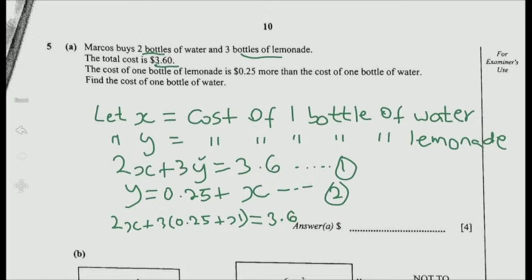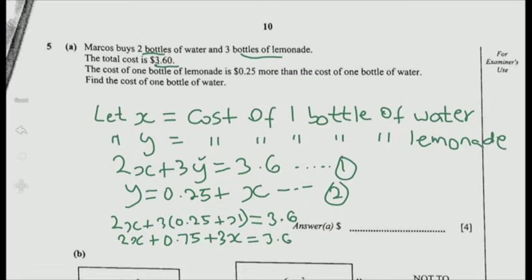This will result in the equation 2x plus 3 times 0.25, which gives 0.75, plus 3 times x, so you'll get 3x, equal to 3.6.